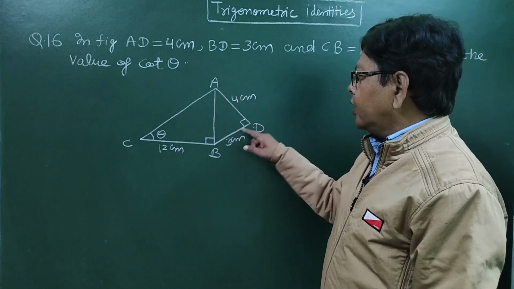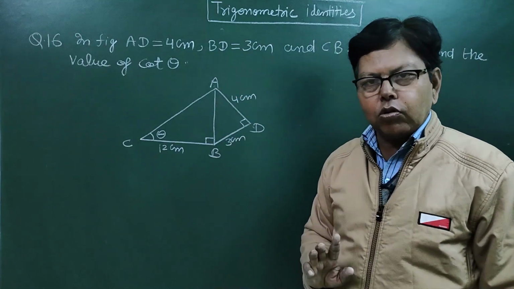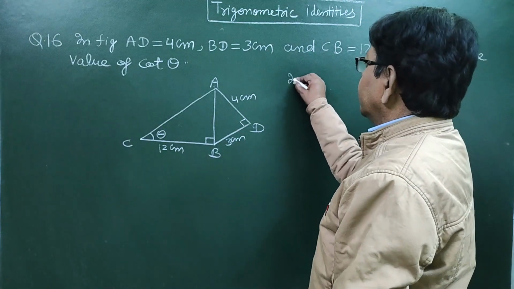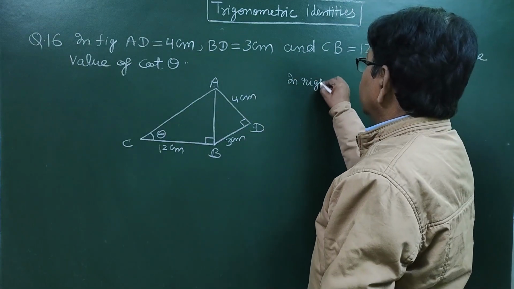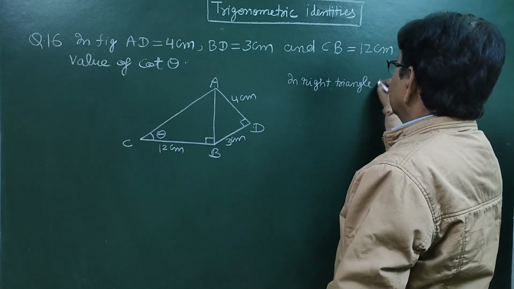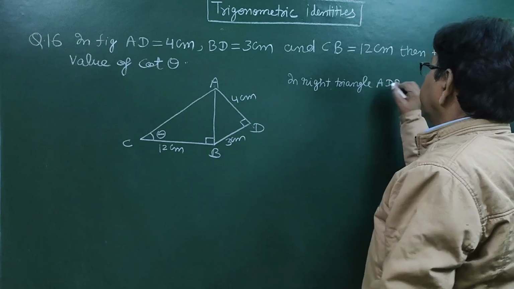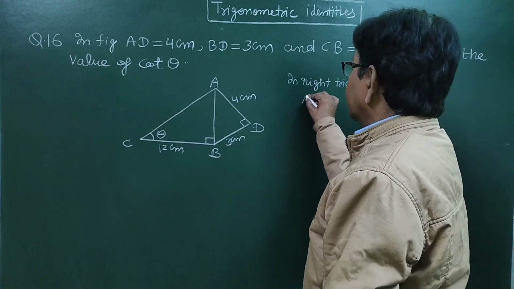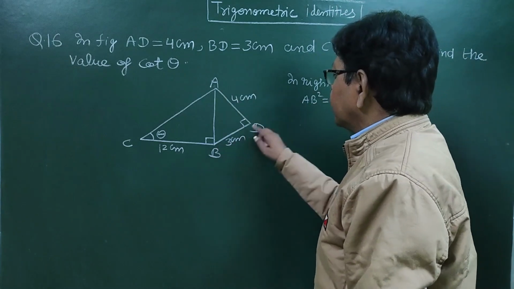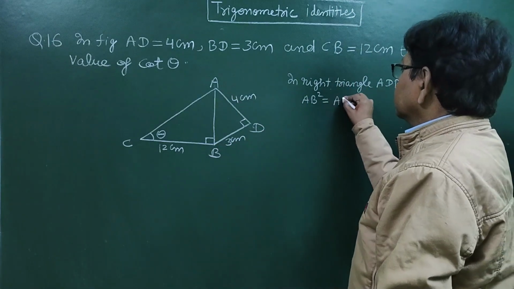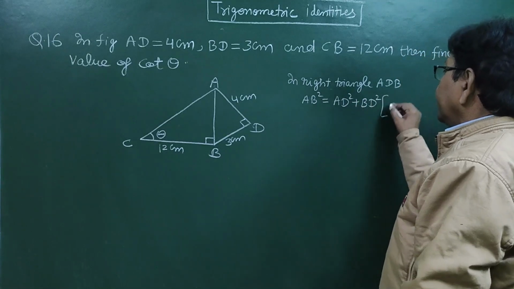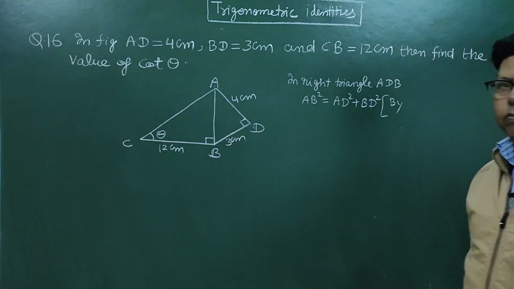So in right triangle ADB, if we apply Pythagoras theorem, then we can find side AB. So in right triangle ADB, AB square is equal to AD square plus BD square, by Pythagoras theorem.